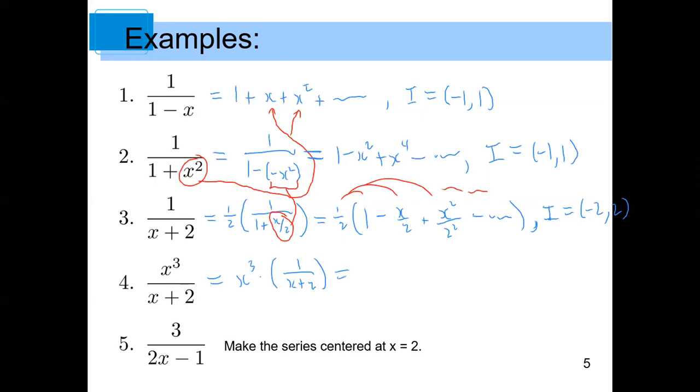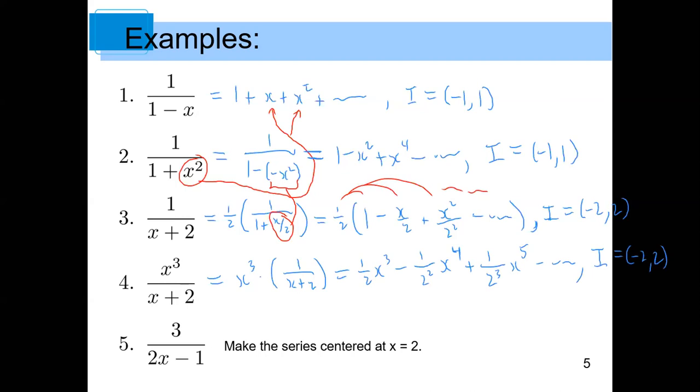Well, it's going to be 1/2 x cubed minus 1 over 2 squared x to the 4th plus 1 over 2 cubed x to the 5th minus etc., right? You kind of see the pattern. And what is the interval of convergence going to be for this? Same. -2 to 2. Okay?